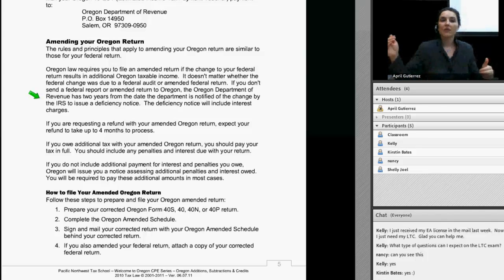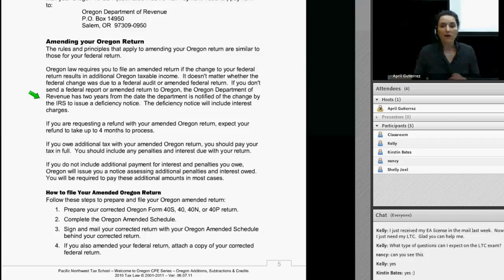And once Oregon gets notification from the IRS that the federal return changed, that's when Oregon is going to be able to say, oh, we think you owe us more money. And since you didn't file an amended return with us to explain differences and voluntarily reveal the extra tax you owe, we're going to send you a deficiency notice. And they have up until 2 years after IRS notifies them to do that.